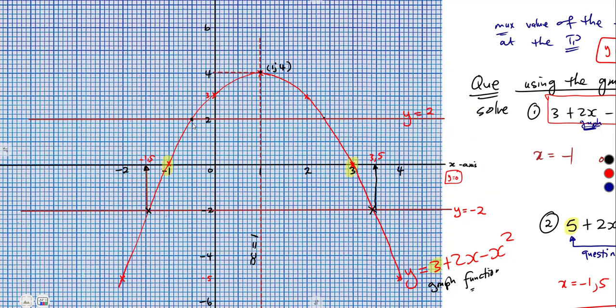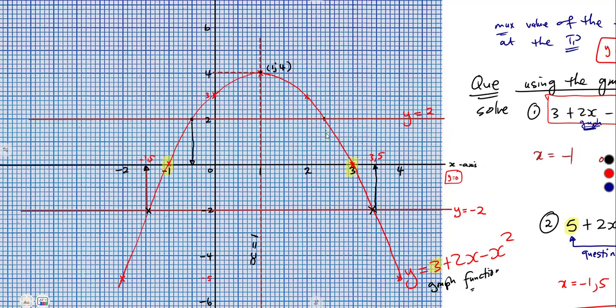So you take this point going down to the x-axis. That's somewhere in between there, 1, 2, 3, 4, 5. Negative 0.5 around there, or negative 0.45. And this one, 2.5 or 2.45, somewhere in between.